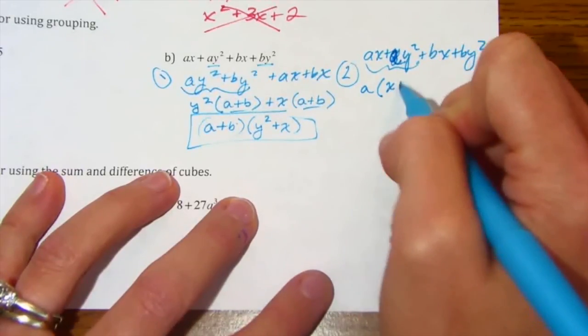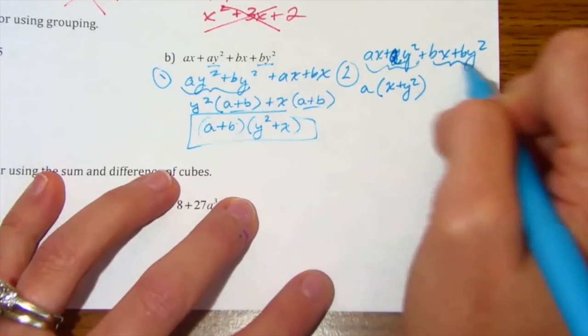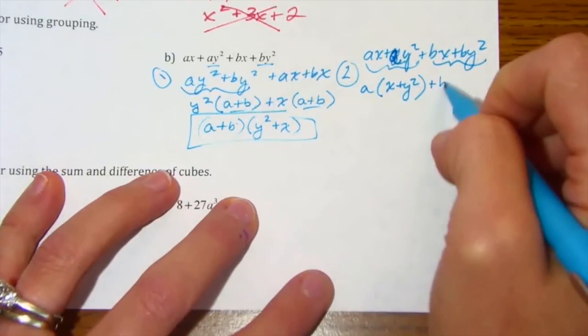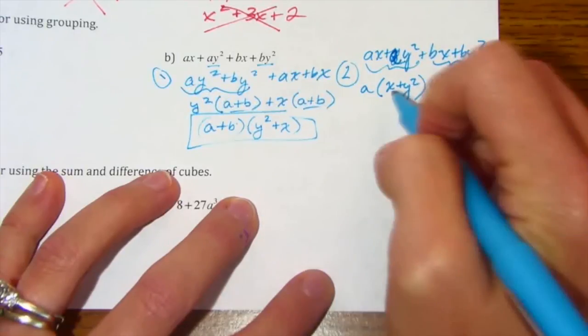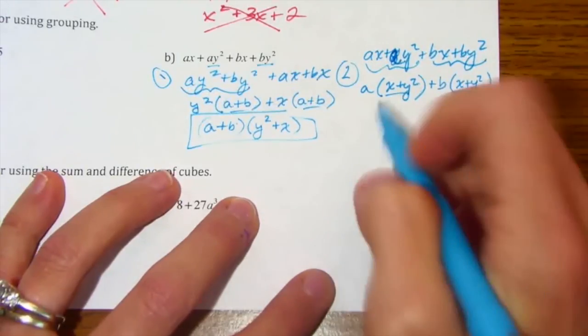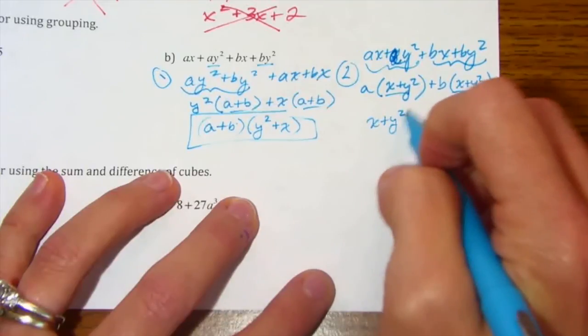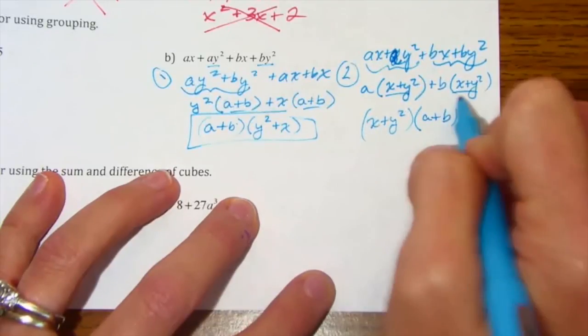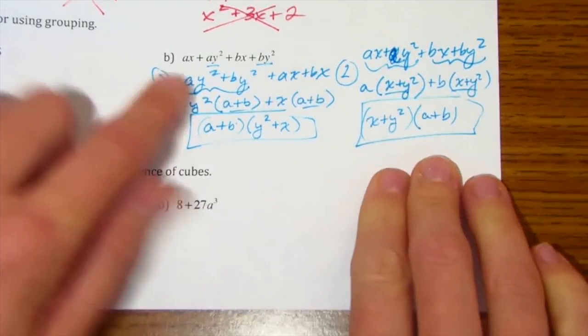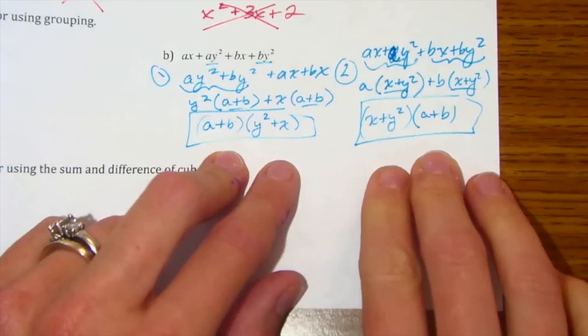X plus Y squared. And what can we pull out of the second set? B, what's left over? X plus Y squared. So now we have our common binomial. We pull out the X plus Y squared, and then we're left with A plus B, okay? So for this example, there are 2 ways that will both get you there.